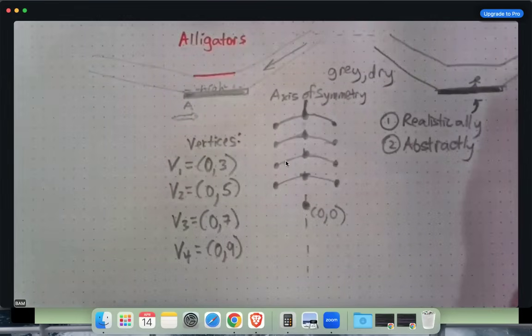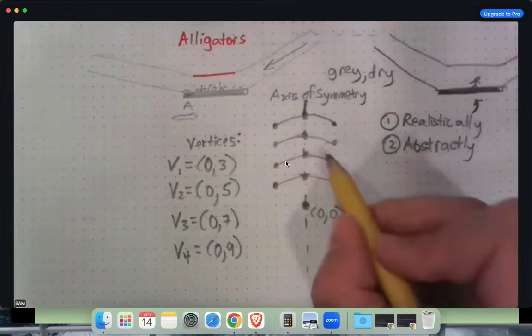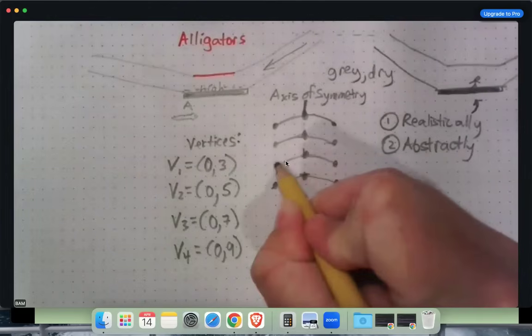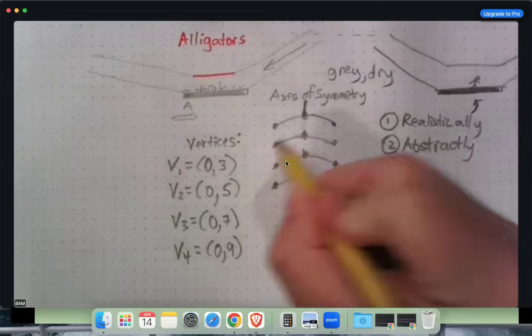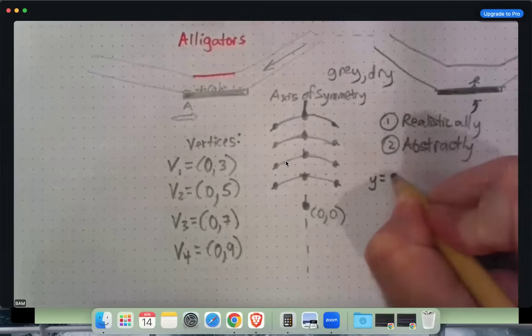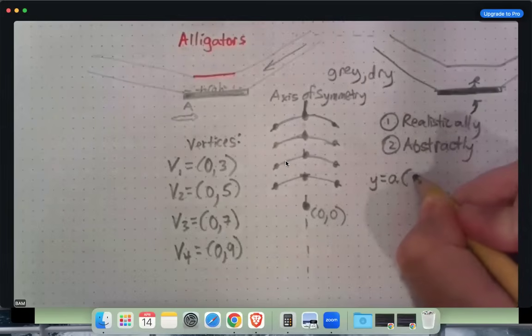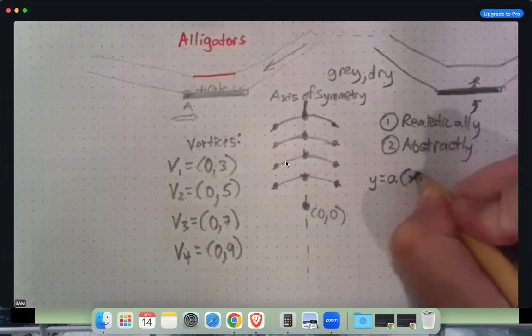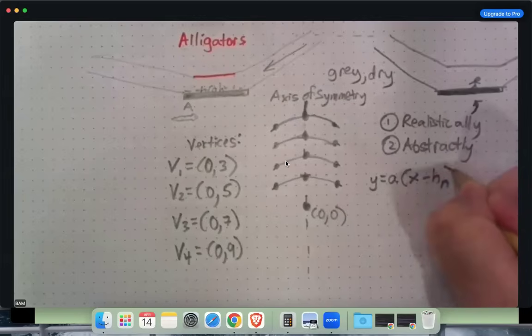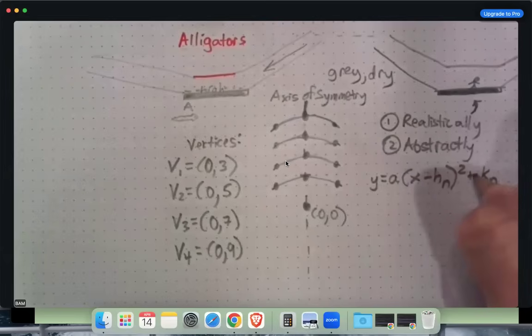Okay. So every parabola, and they keep going, but I'm not really worried about that right now, could be written in the form y equals a times (x minus h sub n) squared plus k sub n.